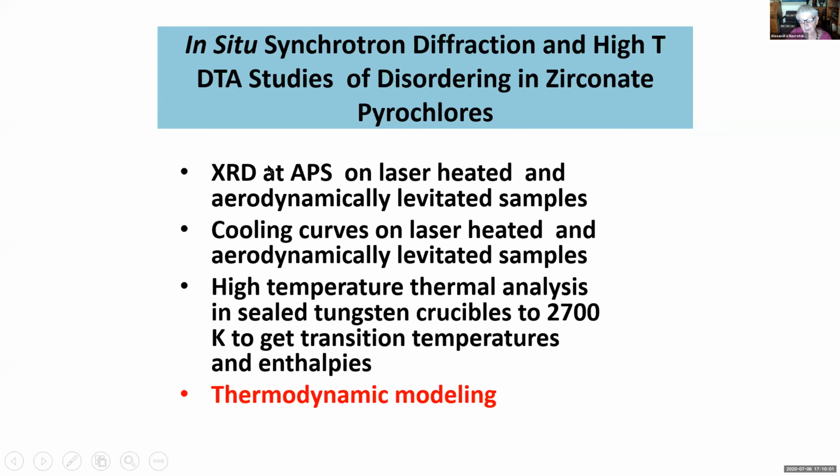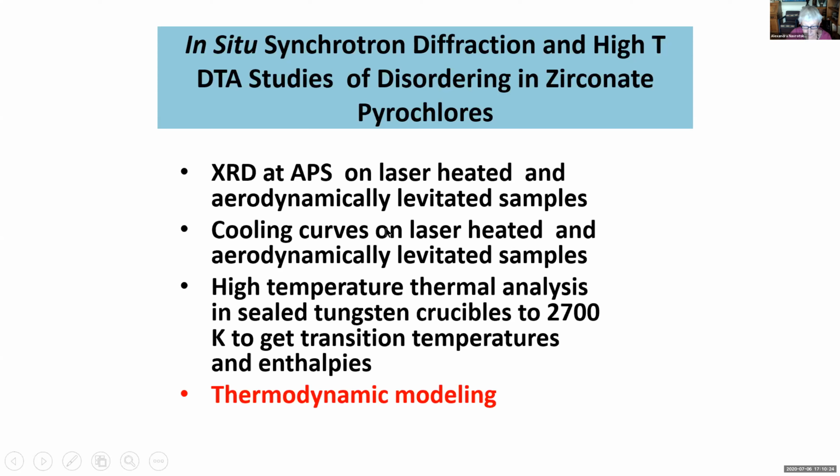Since some of these disorder transitions are not quenchable, or we don't know to what extent the degree of disorder remains unchanged, it's really desirable to do experiments at high temperature, and we can do experiments up to about 1700 degrees centigrade, something of that sort.